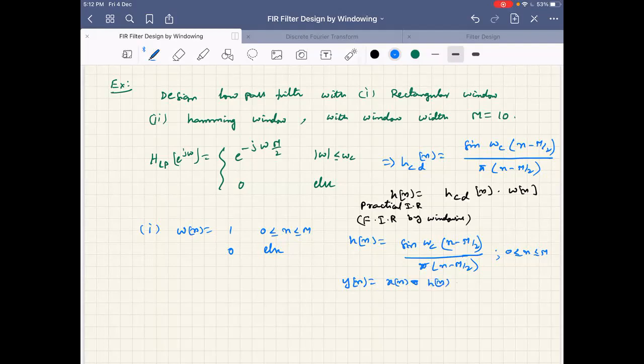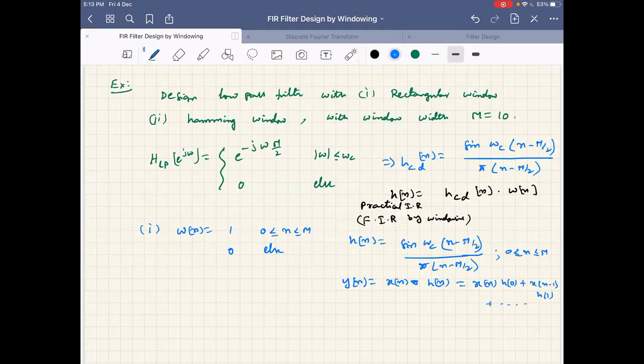So if you do the convolution, you can write this in terms of x and h. Essentially, x of n into h of 0, plus x of n minus 1 into h of 1, and so on.